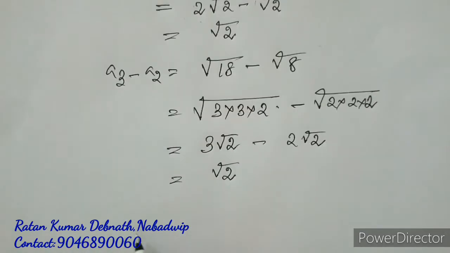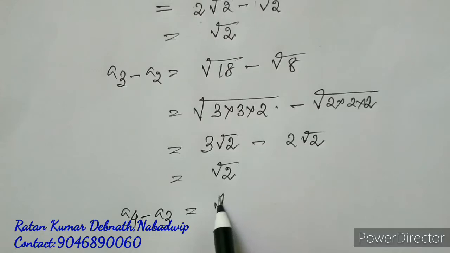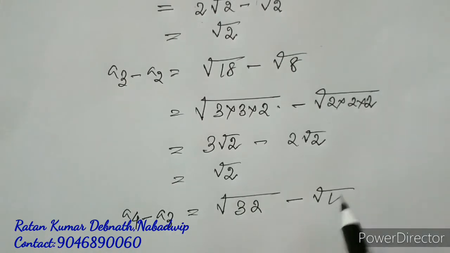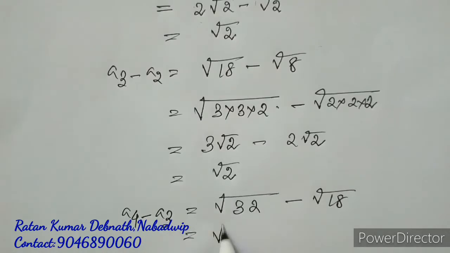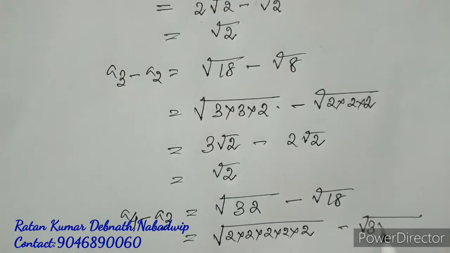Now a4 minus a3, root 32 minus root 18. 2 into 2 into 2 into 2 into 2, 5 2's are there, and here 3 into 3 into 2.